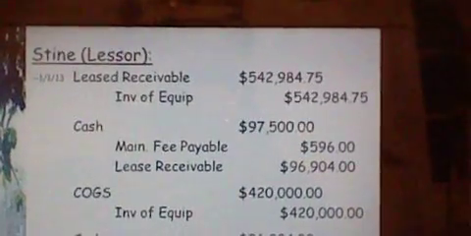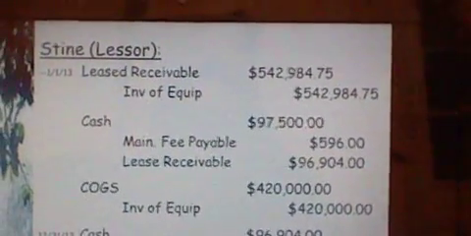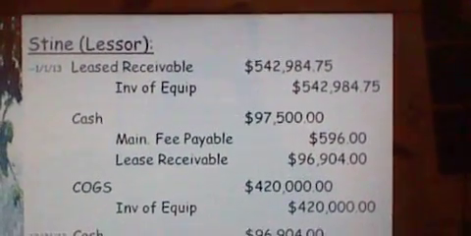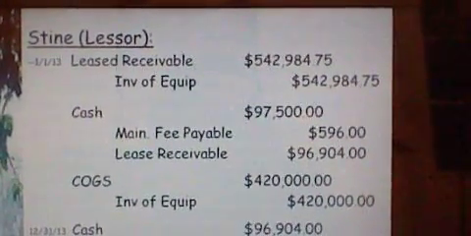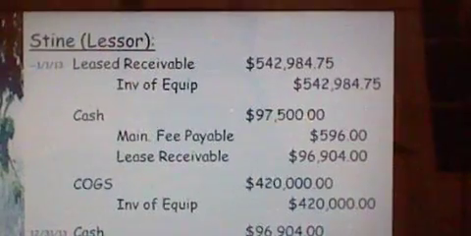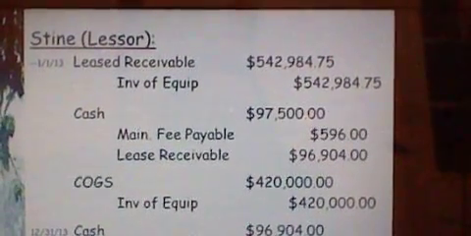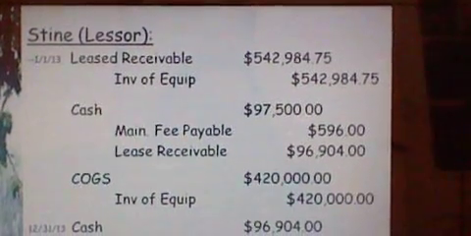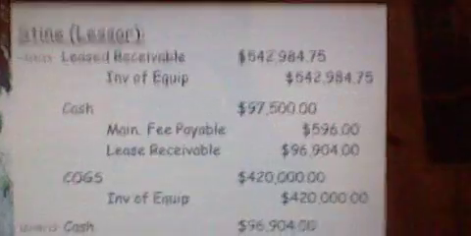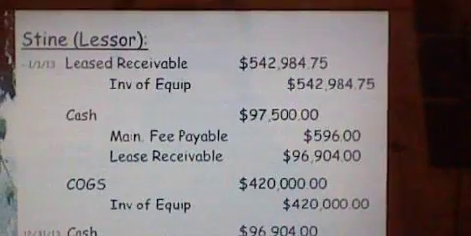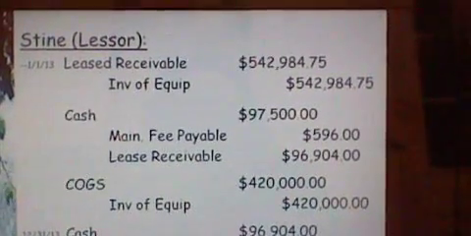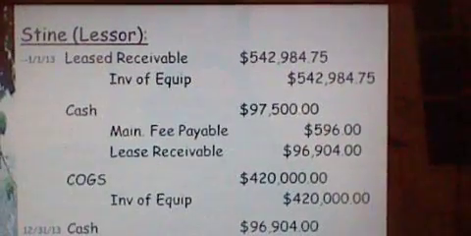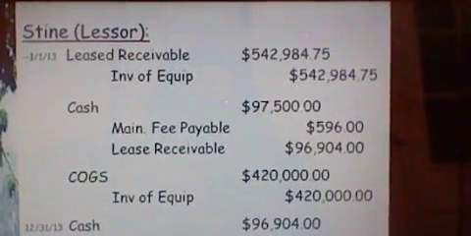We now come to Stein, the lessor. We have 3 sets of journal entries to record for Stein on January 1st, 2013. The first set of journal entries is to record the actual sale or acceptance of the lease. The second one is the acceptance of the annual lease payment. And the third one is to take the inventory out of inventory and attribute to cost of goods sold.